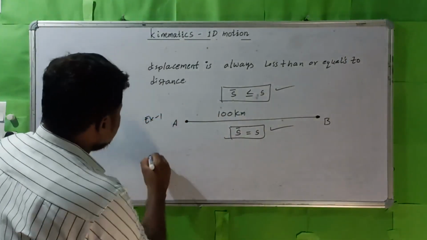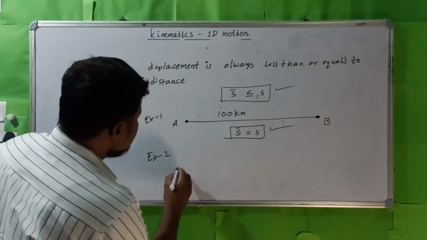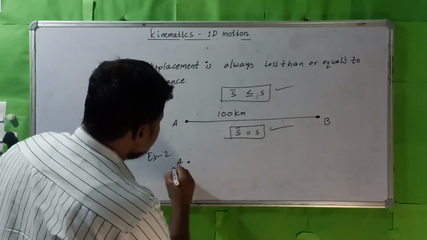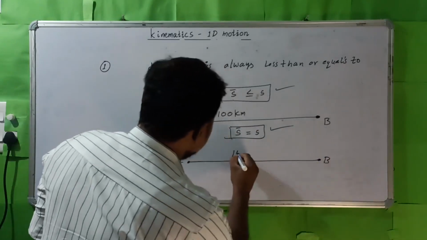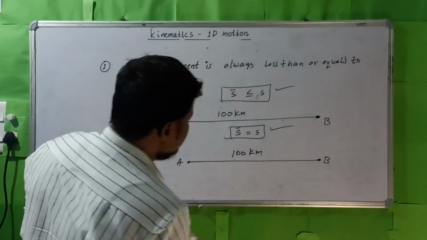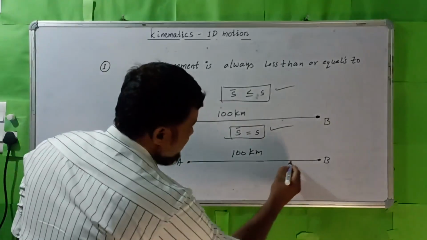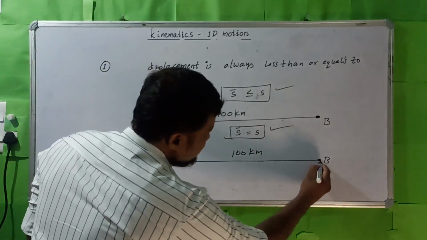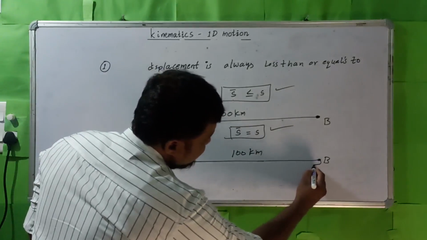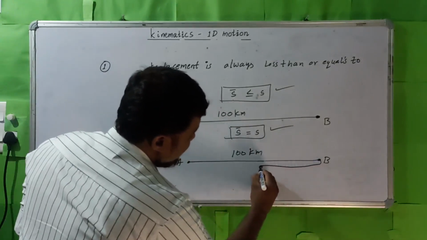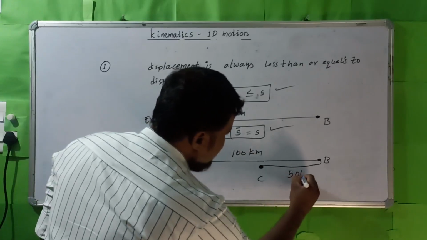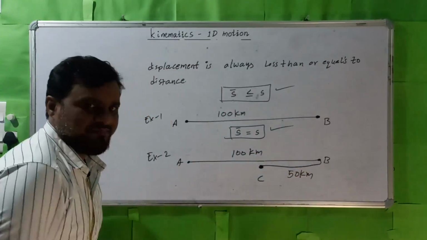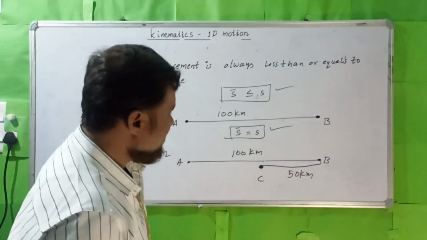That was situation 1. If you observe situation 2, A to B is 100 kilometers, and the particle takes a U-turn and comes to point C, traveling 50 kilometers backward.